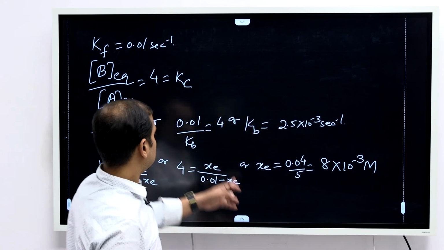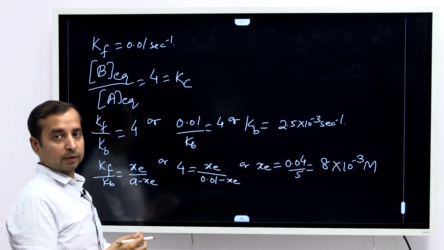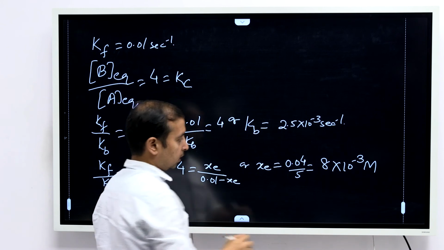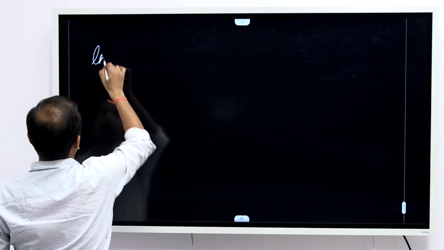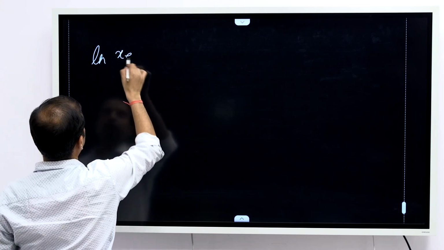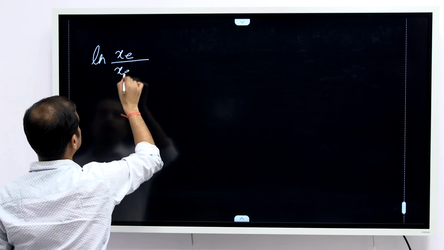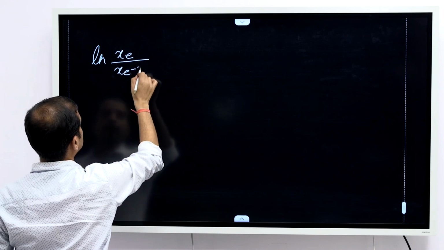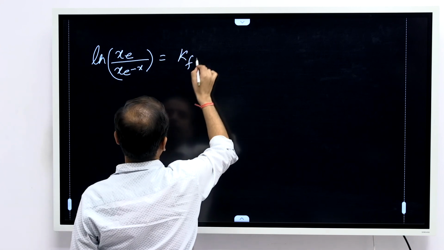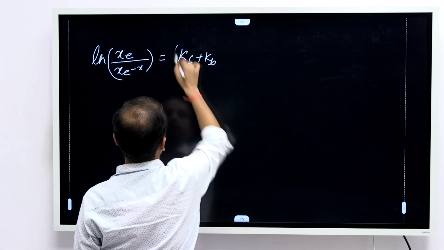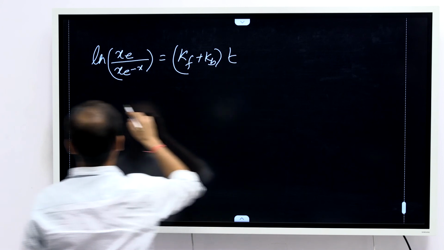So now we have the value of Kf, we have the value of Kb, and we have the value of Xe. So we can proceed to calculate X. So ln Xe upon (Xe minus X) is equal to (Kf plus Kb) into t.